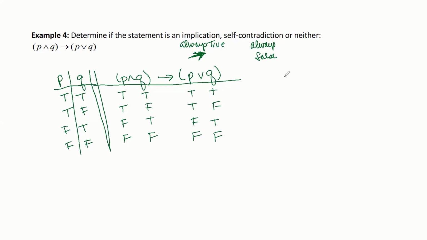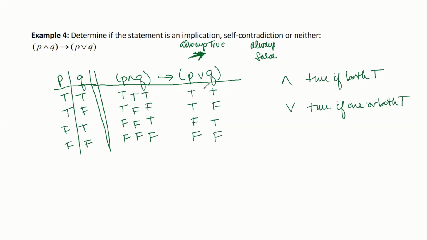So our and is true if they're both true. So we have true, false, false, false. Okay. Our or is true if one or both is true. So it's only false if they're both false.